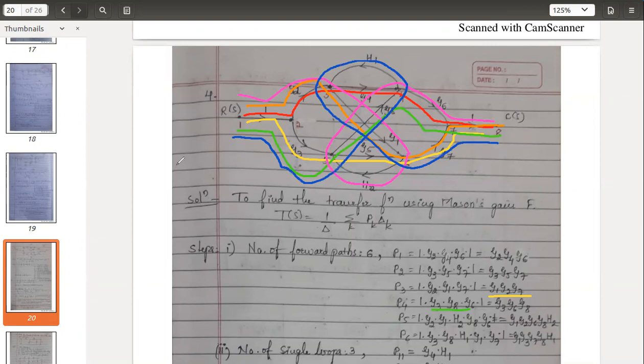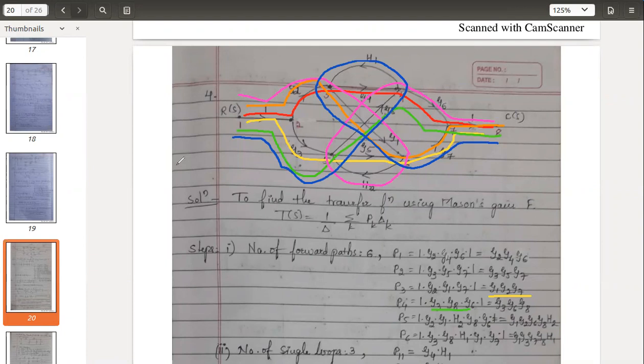Hope all these are understandable by you. If you are not understanding this, the easiest way is what I have done in a single figure. I have taken different colors and shown you the paths. What you can do is draw the figure 6 times and try to identify the forward paths.